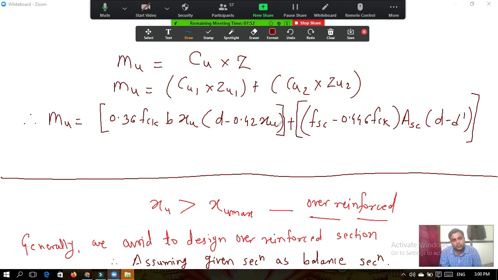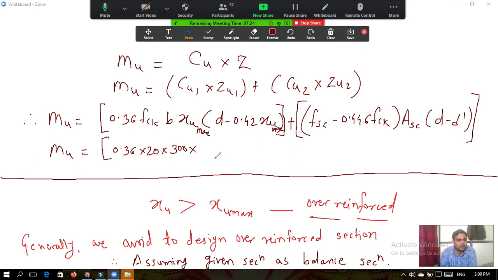Now if you put all the values in the equation, you will get the answer. So MU is equal to 0.36 as it is, FCK 20, B is 300, into XU. Here you should take XU max, because we are assuming a balanced section, as XU is far greater.